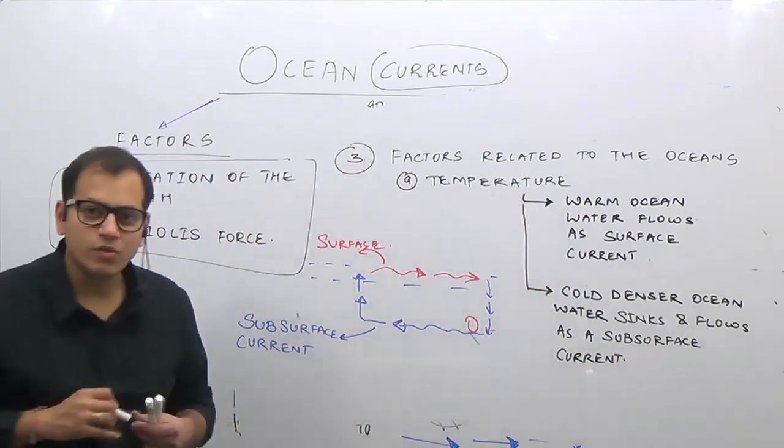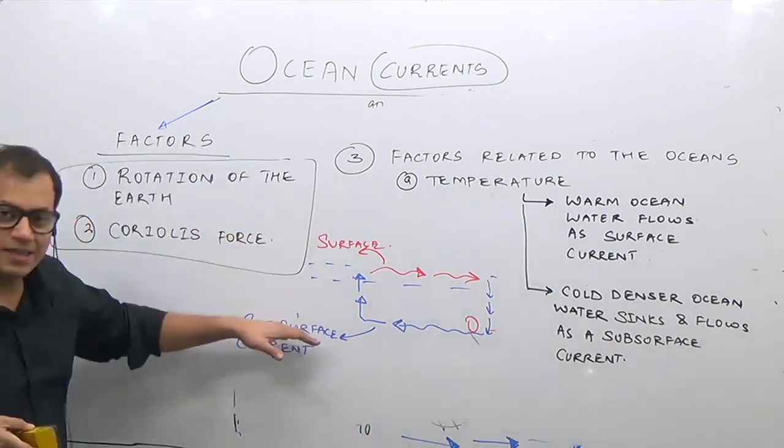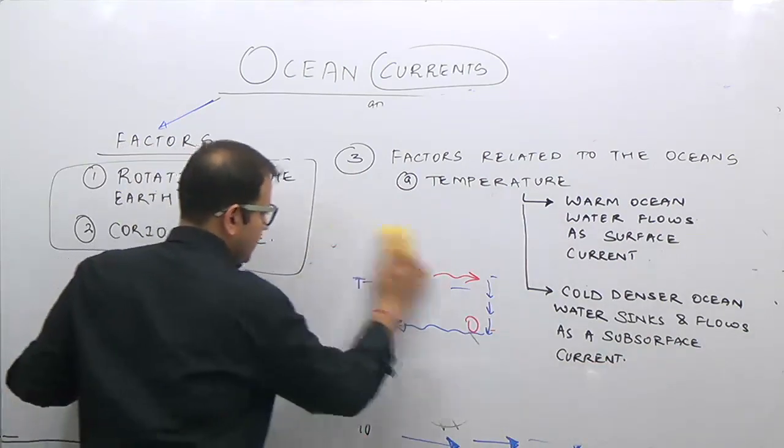So the cold ocean water sinks and it flows as a subsurface current. So, surface current versus the subsurface current.